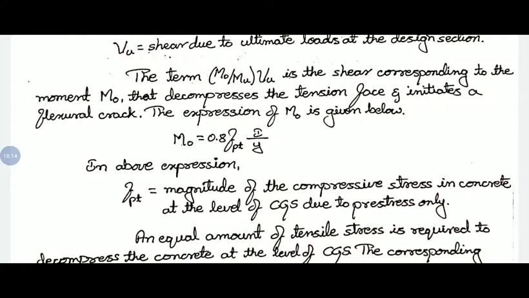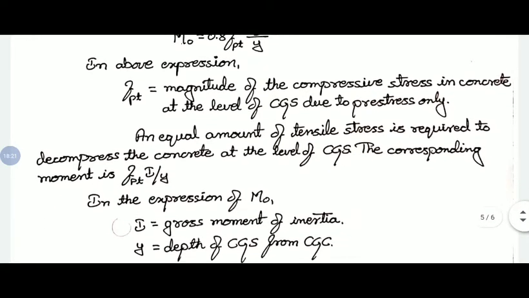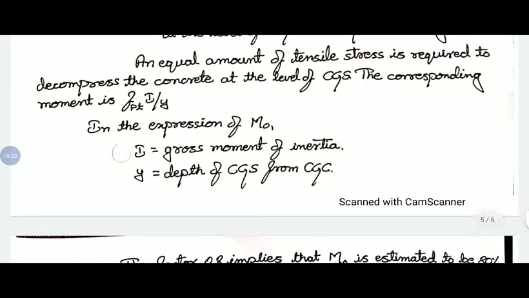So ft is the magnitude of the compressive stress in concrete at the level of CGS due to pre-stress only. An equal amount of tensile stress is required to decompress the concrete at the level of CGS. CGS means the center of gravity of the steel or center of gravity of the tendon you are providing. So the corresponding moment is fpt into I by y.